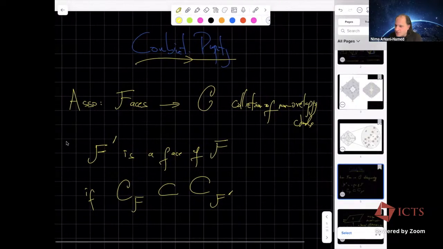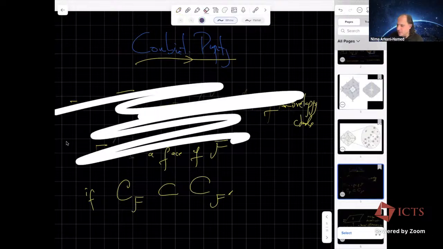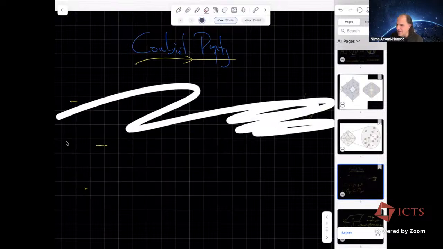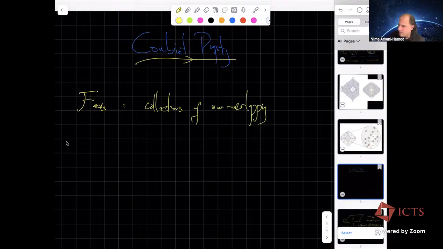The Cosmohedron is exactly the same thing with the word chords replaced by subpolygons. So the Cosmohedron is an object that has faces for collections of non-overlapping subpolygons. Let's call them P. There's a little rule here to be totally precise.